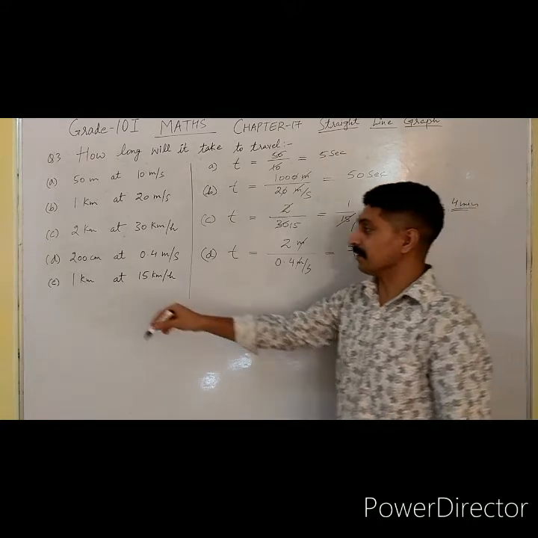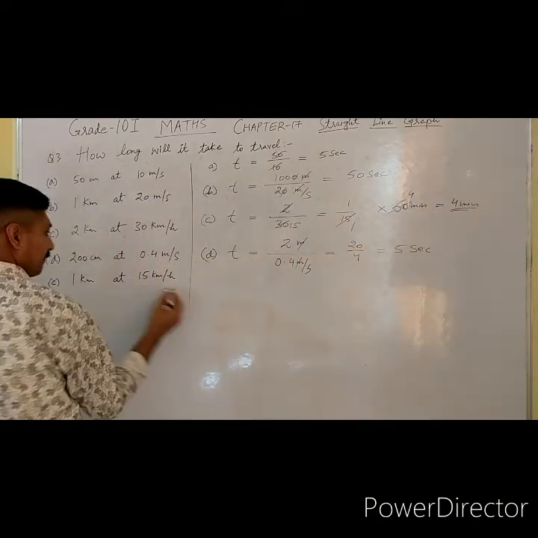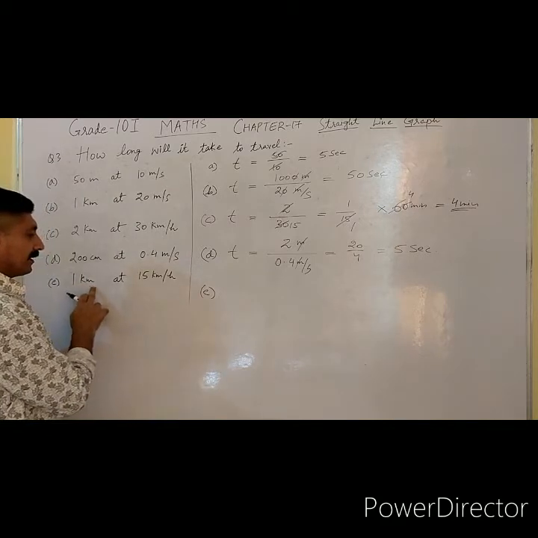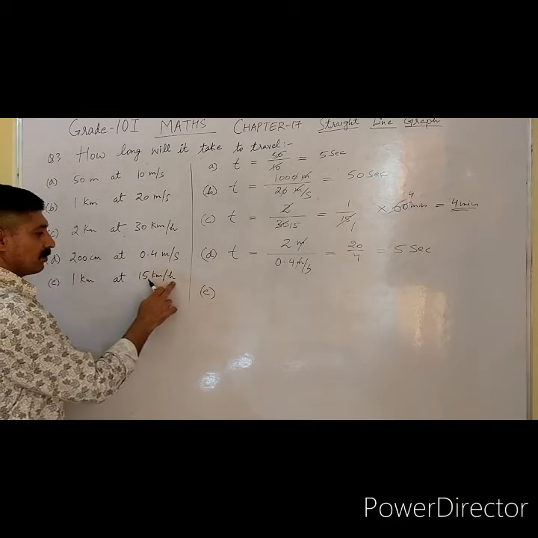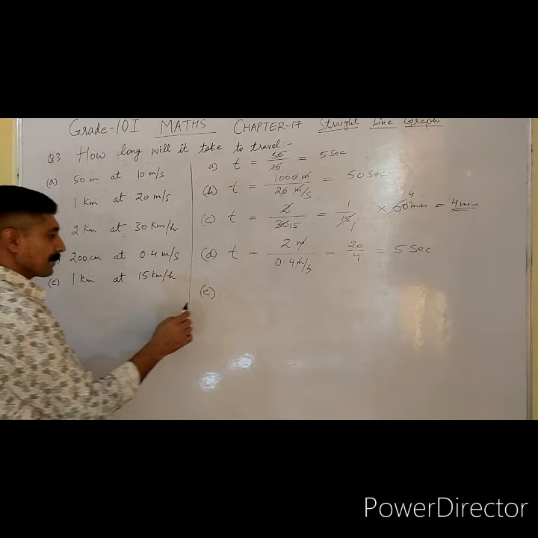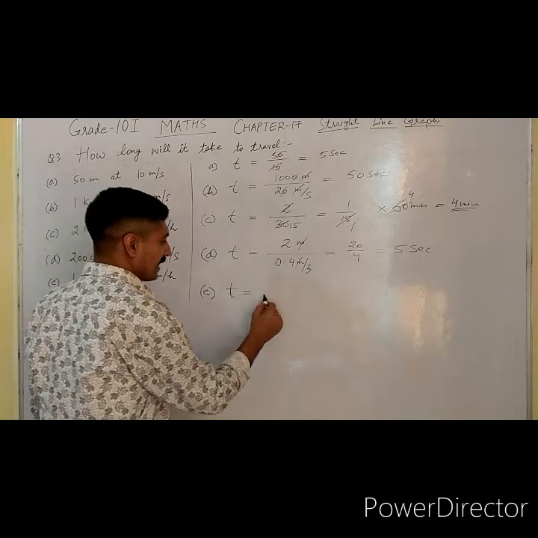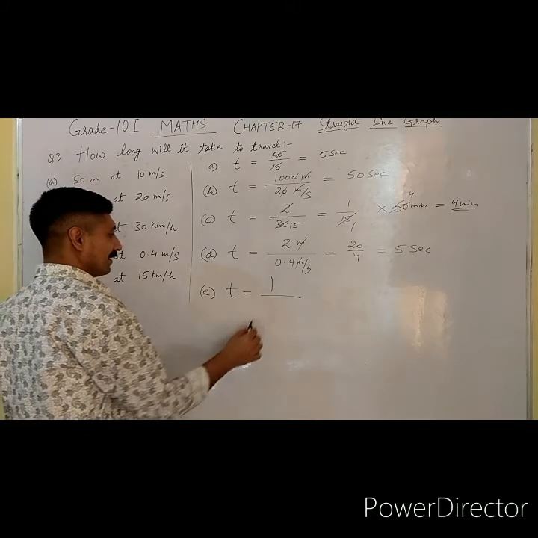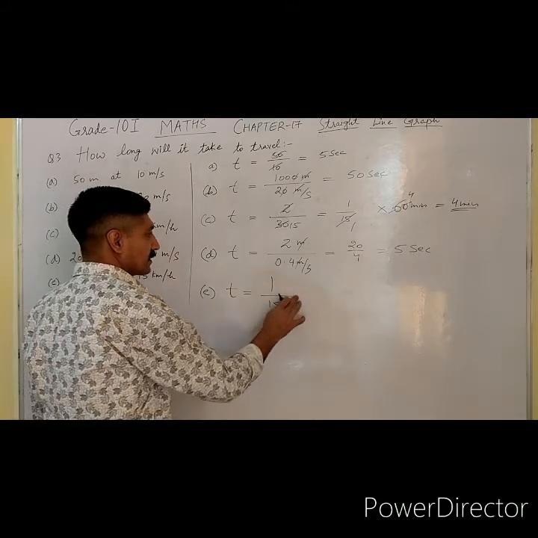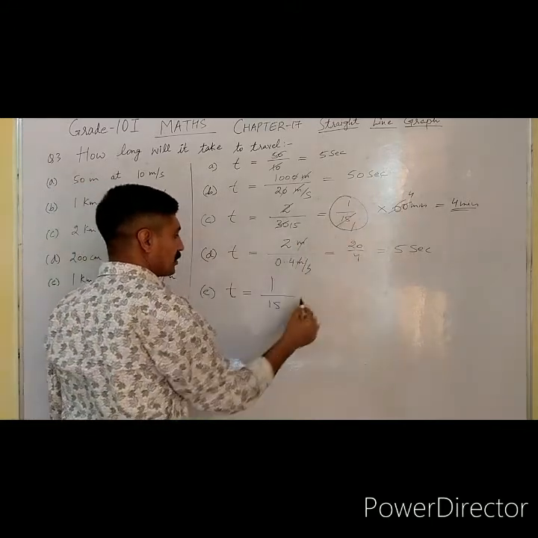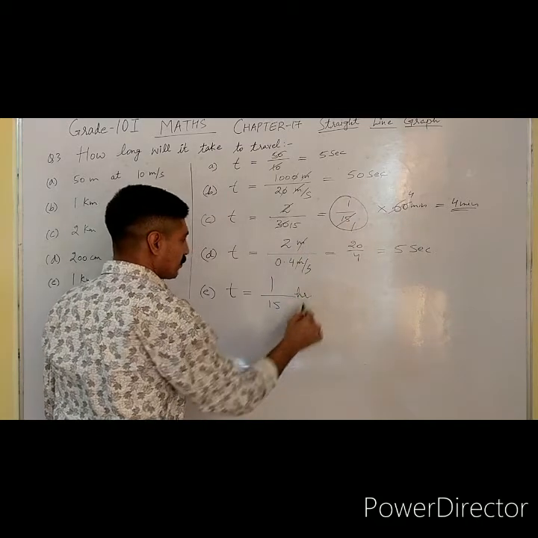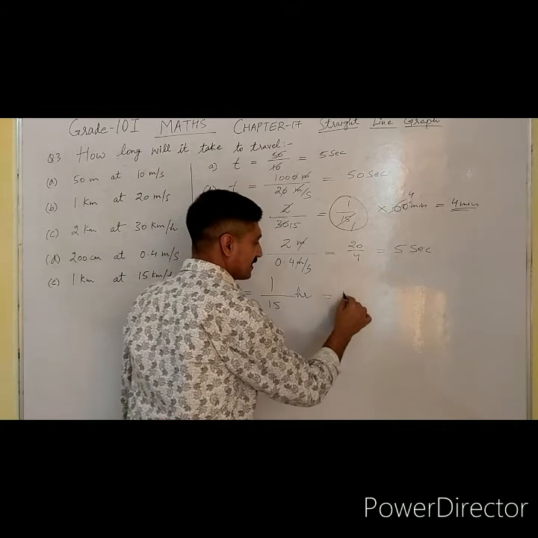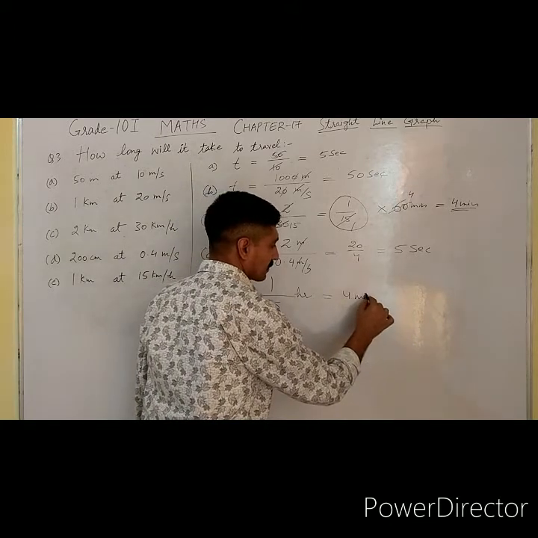Now the last part again, that is 1 kilometer and the speed is 15 kilometers per hour. Same calculation, the time is 1 upon 15 hours. So directly we can write it is equal to 4 minutes.